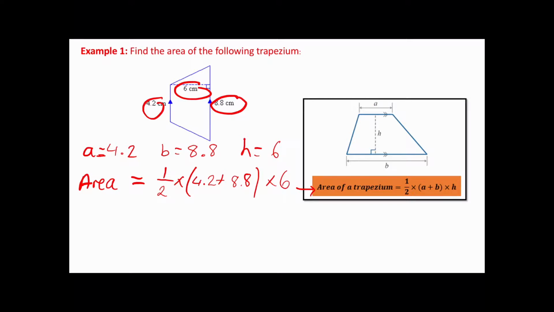Next, what you can do is pop that into your calculator, remembering to include these brackets. And what your calculator should give you, and you can pause the video if you'd like to make sure you're putting it in correctly, your area is 39. But we can't stop there. We've got to remember to include the correct units. So up here we were dealing in centimeters, and because it's area, it's centimeters squared.